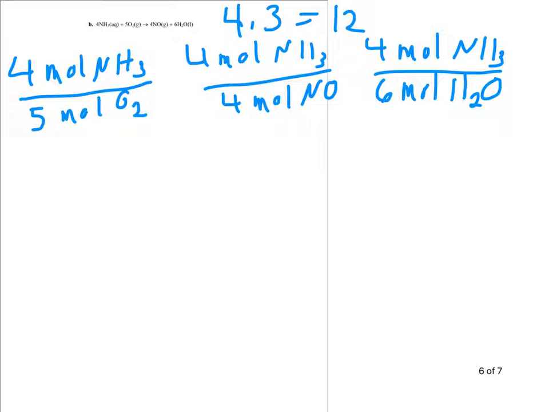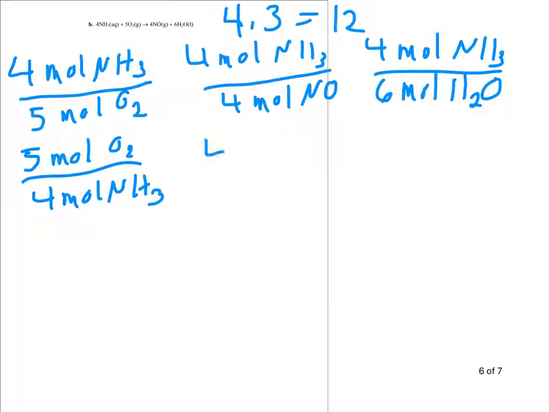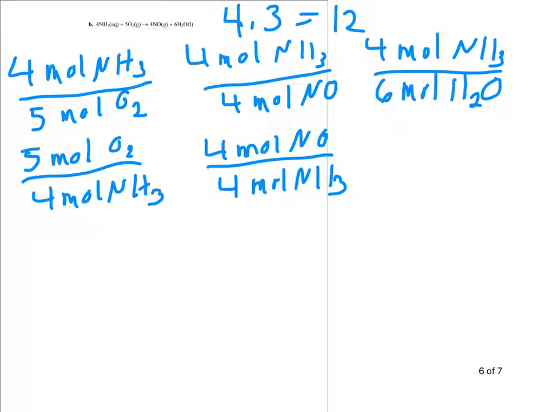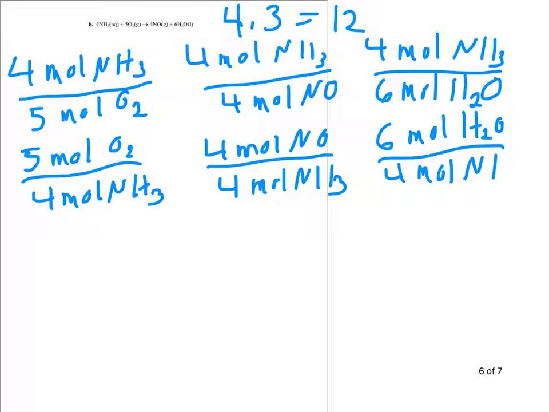I get the 6th one, so we have 5 moles O2 over 4 moles of NH3, 4 moles NO over 4 moles NH3, 6 moles H2O over 4 moles NH3.